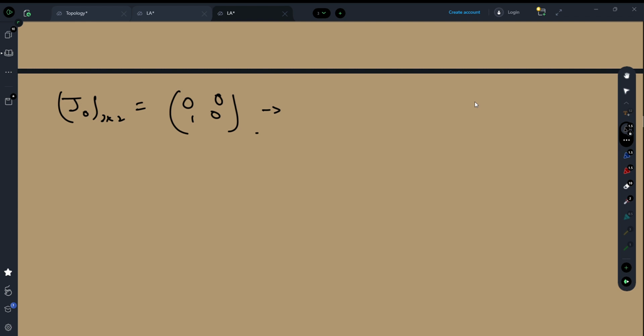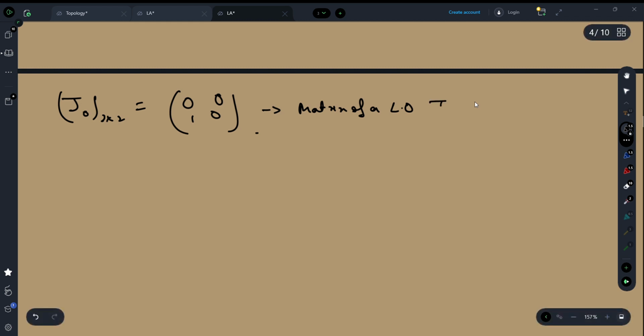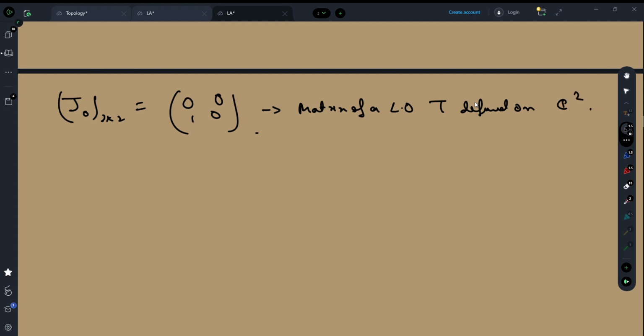Consider this to be the matrix of a linear operator T defined on C2. C2 is obviously a vector space over C. The standard basis of C2 consists of the elements (1, 0) and (0, 1). Let this be E1, let this be E2.